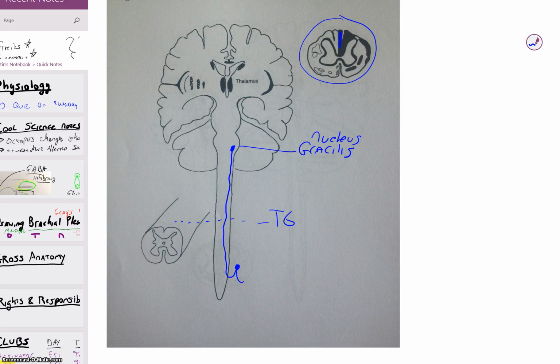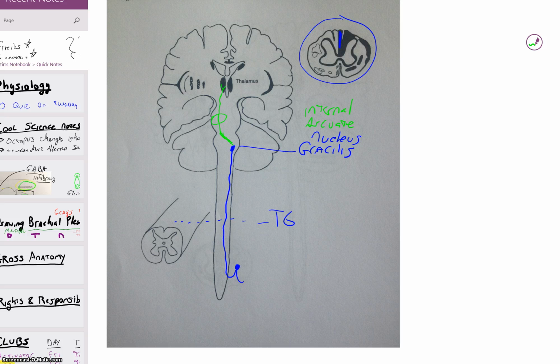Now from there, there's our second neuron, and it crosses over. And it crosses over as an internal arcuate fiber. And that's right here. Now it just keeps going up until it gets to the thalamus, where there's a synapse.